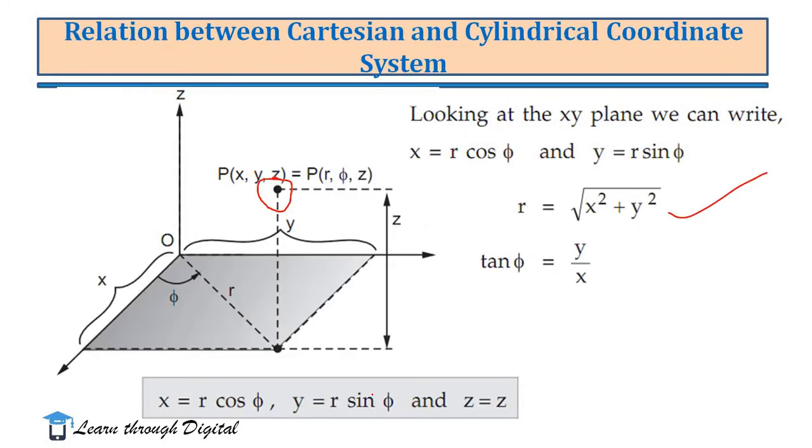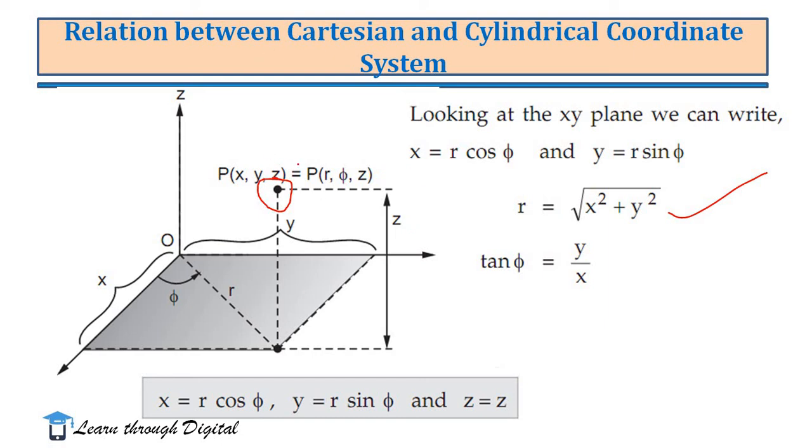The relationship between Cartesian and cylindrical coordinate systems is very important. We should know how to convert a point from Cartesian to cylindrical and vice versa. Consider a point P whose coordinates are x, y and z, while the cylindrical coordinates are r, phi and z, as mentioned in this figure.